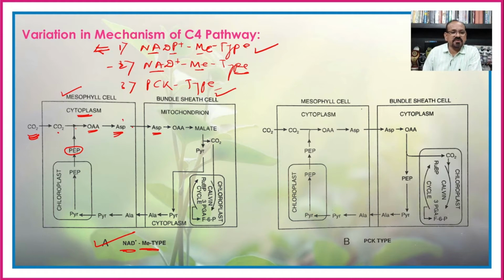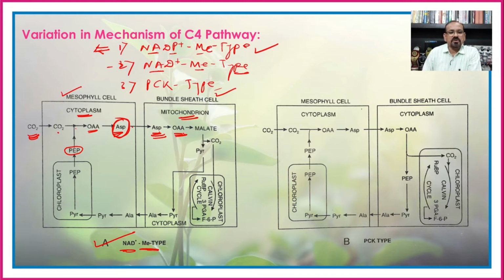But instead of malic acid, here the aspartic acid is transported to the bundle cell in the mitochondria. And in mitochondria, aspartic acid again forms oxaloacetic acid, which means it is the reverse process.